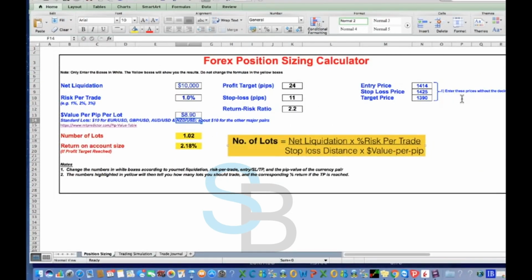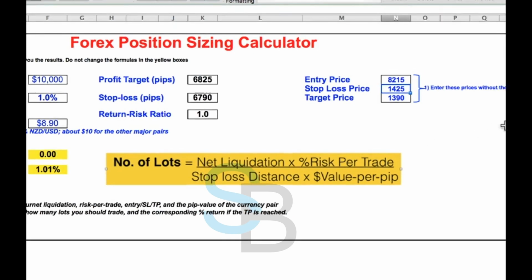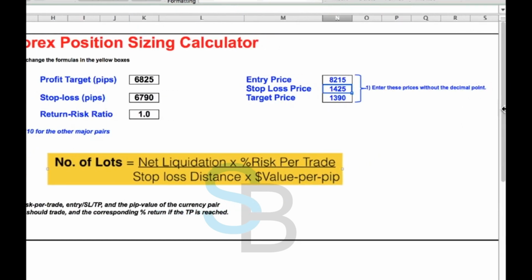And what you do is you key in your entry price, whatever's your entry price. Say your entry price is 8215, and you only enter without the decimal points, right? Avoid the decimal points, okay? So entry price 8215, stop loss say 8205, and then profit target 8230.